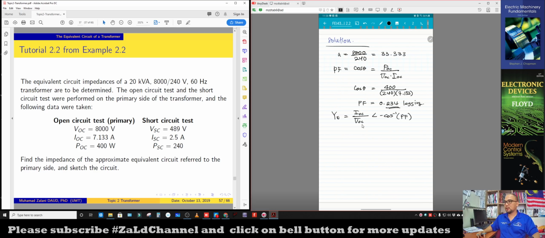Okay, so next we just substitute all of the values that we have there, which is current divided by voltage, then angle negative cosine -1 of 0.234 as the one is this one, right?